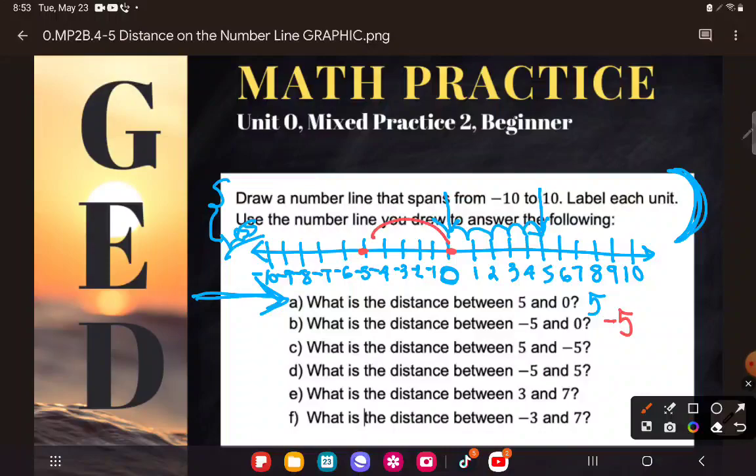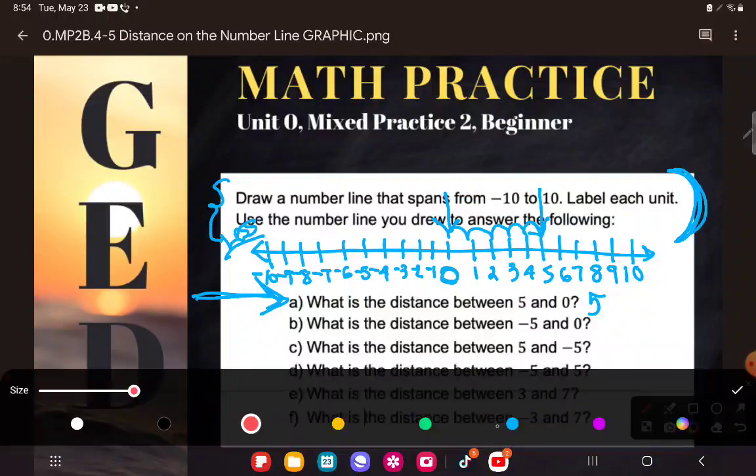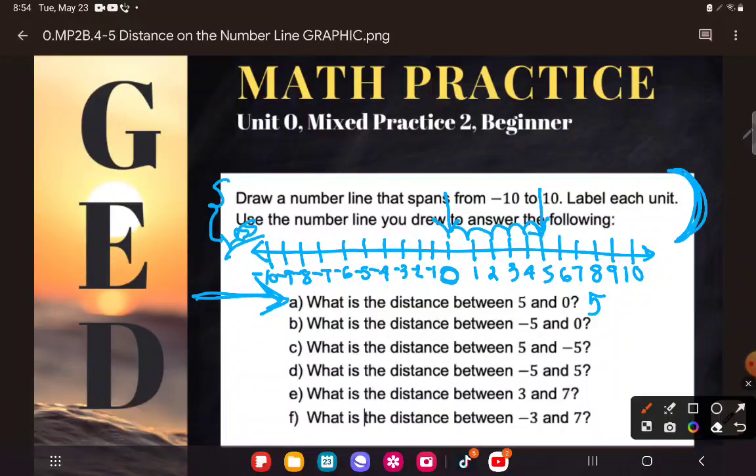No matter which direction I'm going in, I'm going to count the same way that I've always counted. It's not going to change distance or difference. So if I want to go from 0 to -5, I'm still counting 1, 2, 3, 4, 5 to count distance. Or the other way around, 1, 2, 3, 4, 5. Again, not value of the point, but distance from 0. And so this is also 5.